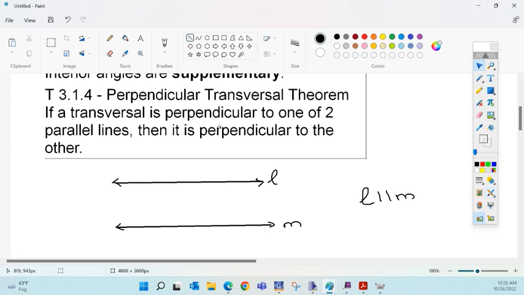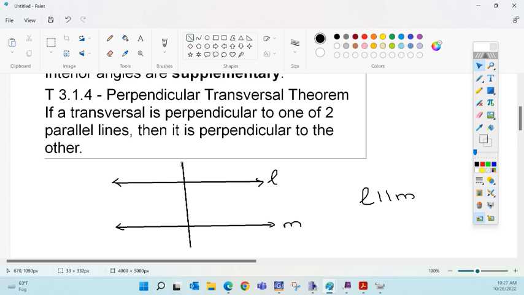If a transversal is perpendicular to one of them, I'm going to draw in a transversal. Everybody look up because you need to see this happen or it's going to make no sense. I want to make sure it's perpendicular to one of them. So I'm kind of eyeballing it a little bit, but it's perpendicular to M. That means if I extend it up and it's perpendicular to M, it also has to be perpendicular to L.